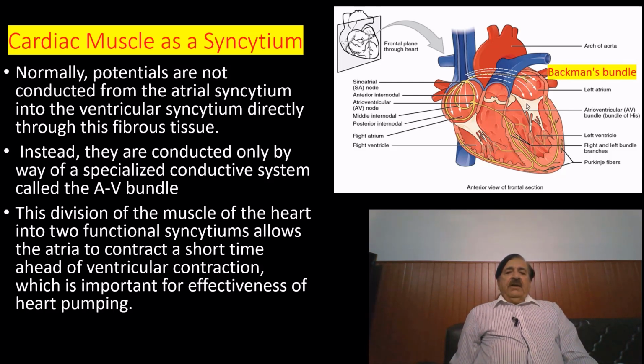If both contract at the same time, there will be no pumping of blood into the general circulation and pulmonary circulation. So this delay is important, and this delay occurs at the atrioventricular node after the sinoatrial node.